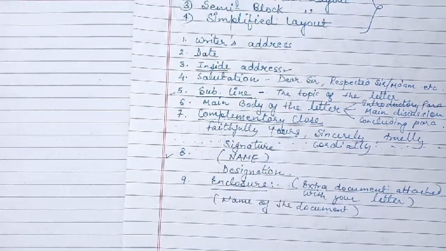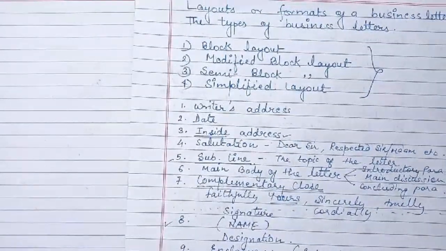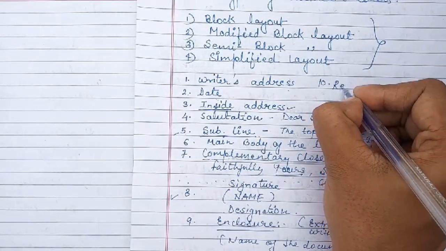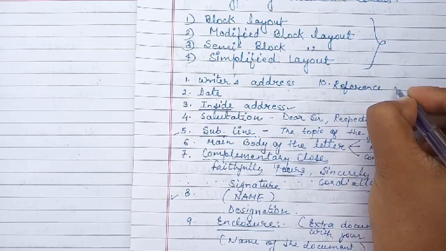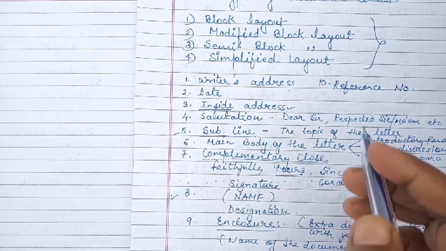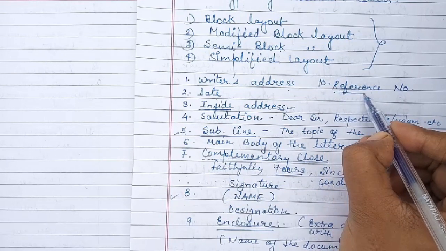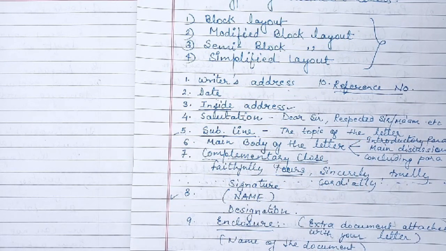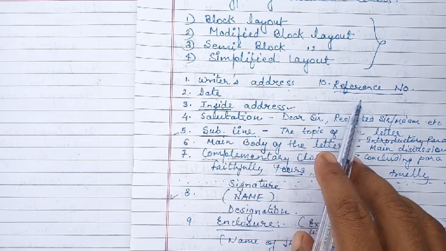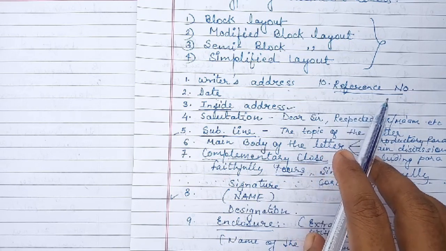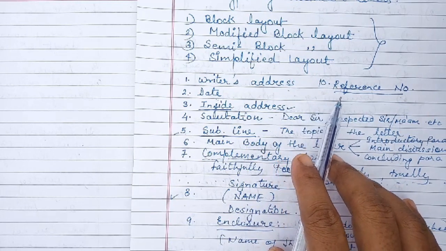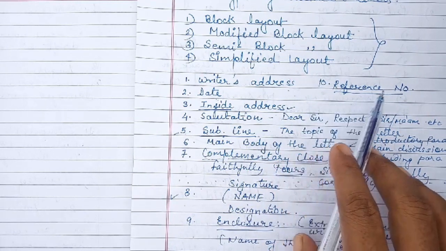There is also one more optional element in the beginning, that is a reference number. Reference number is actually a document number. Suppose you are writing a letter to the purchaser, and if you are going to be a regular person who writes a letter to the customer and the customer writes a letter to the seller, so when this work comes in a routine, you need to have a record of that document.